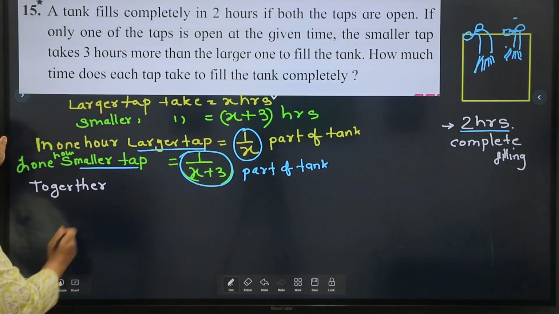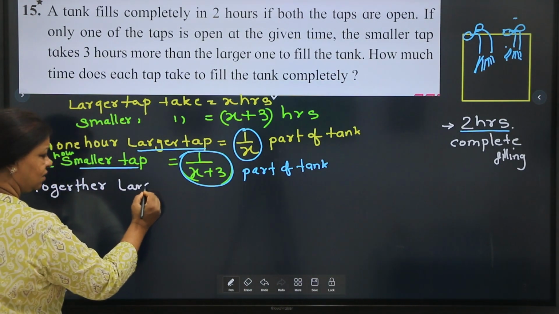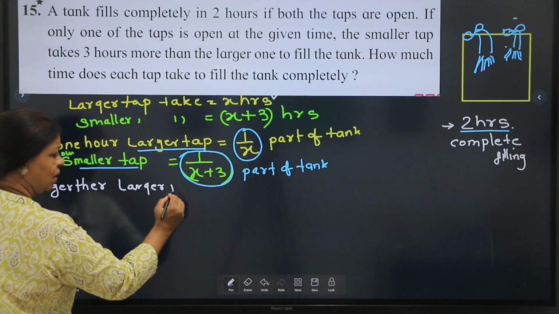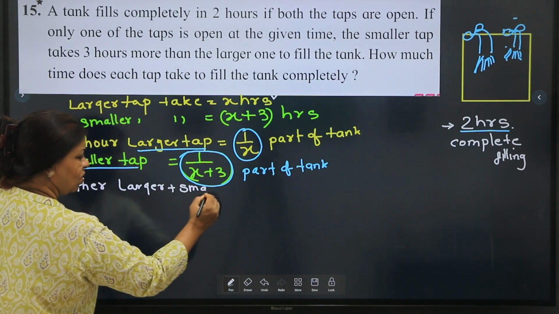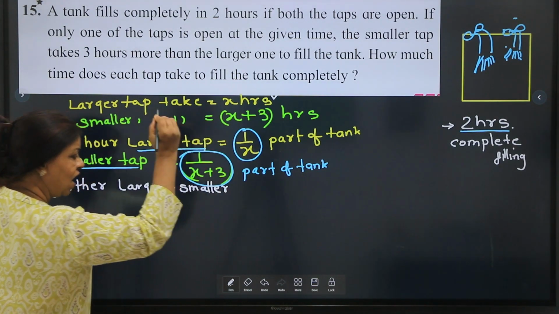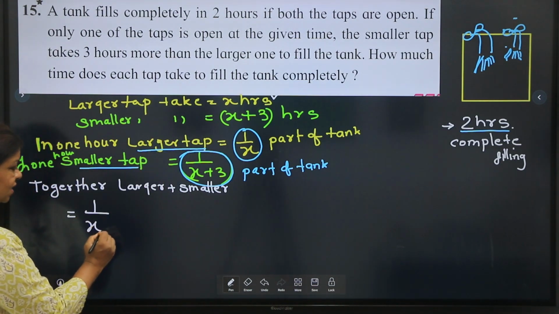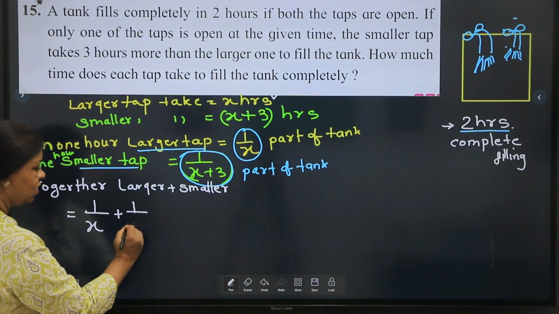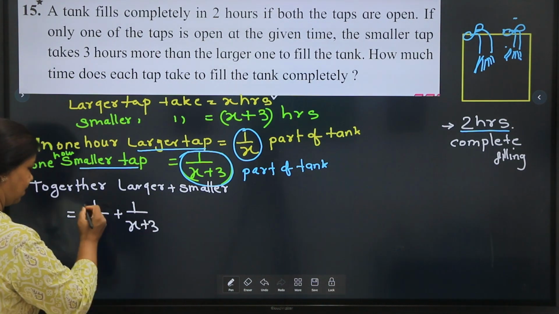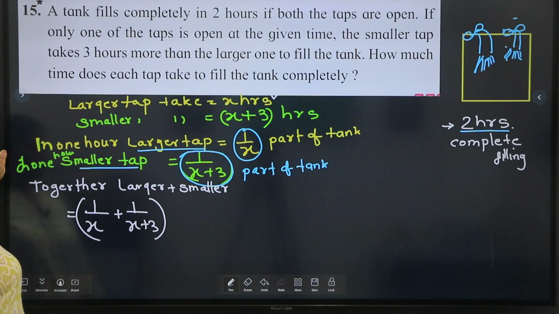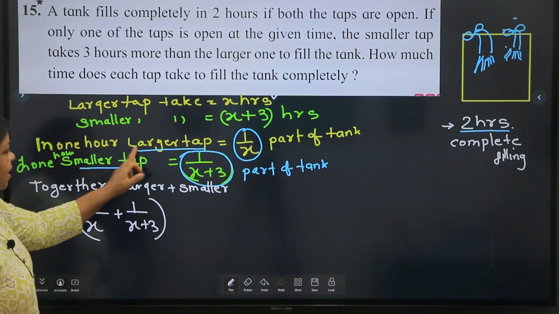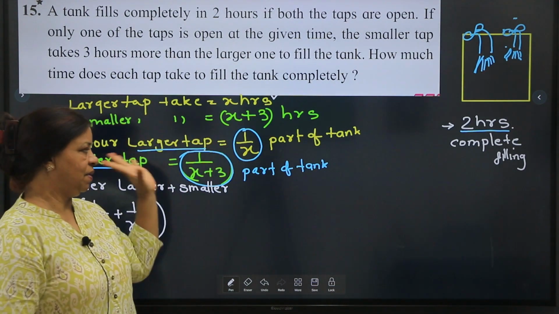So together, larger plus smaller, will fill how much part? Will fill 1 upon x plus 1 upon x plus 3 part. When the larger tap is there, it will fill 1 upon x part.